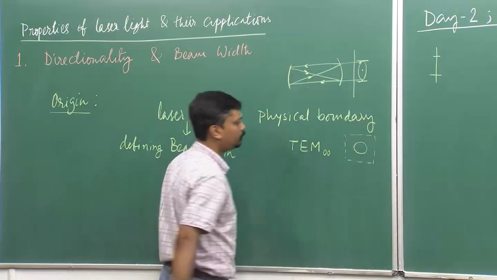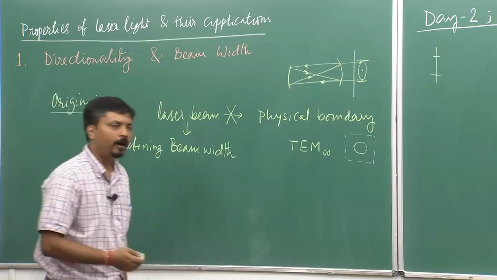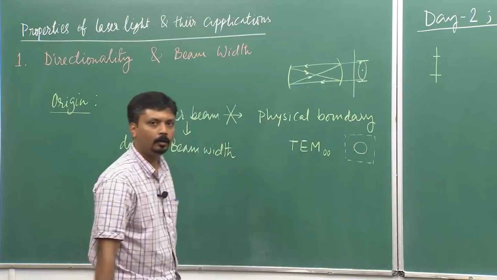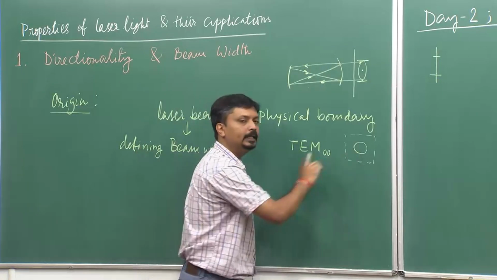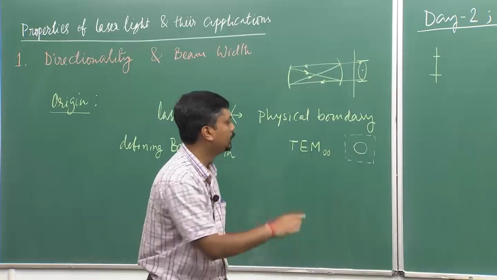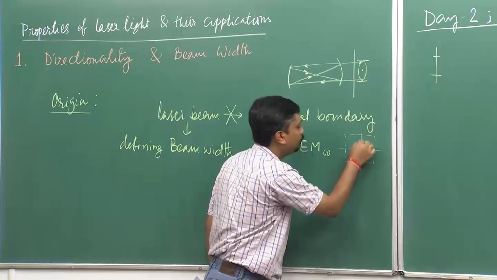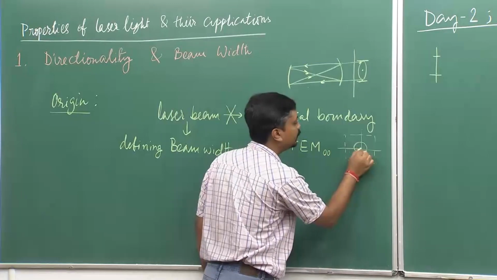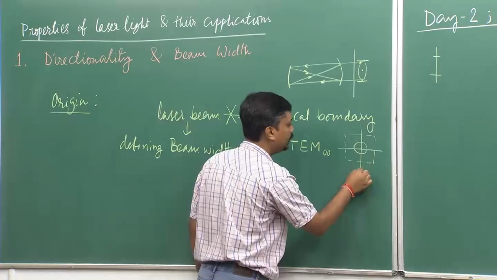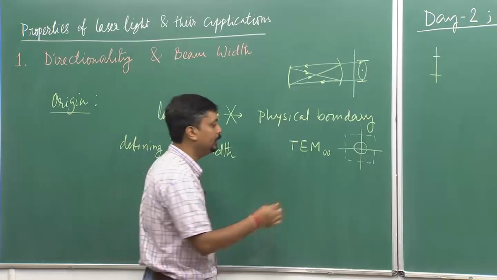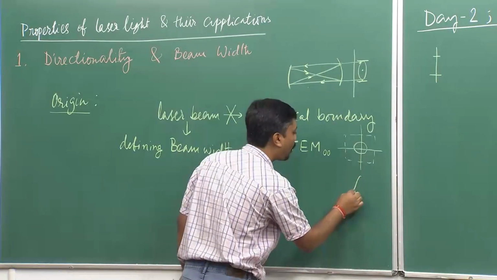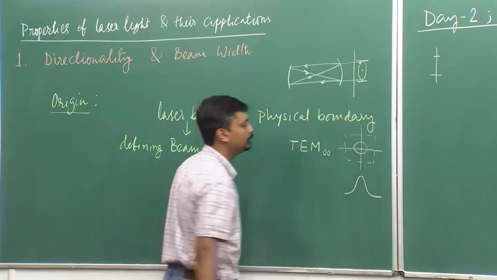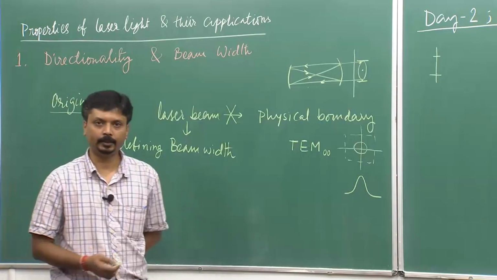Now, what will you find out if you look at the intensity distribution pattern here, okay. So one thing, of course, there is no node going across this, but what you will see is if you take this cross section or this cross section and plot the respective intensity, you will see something like this, pretty much like a Gaussian.